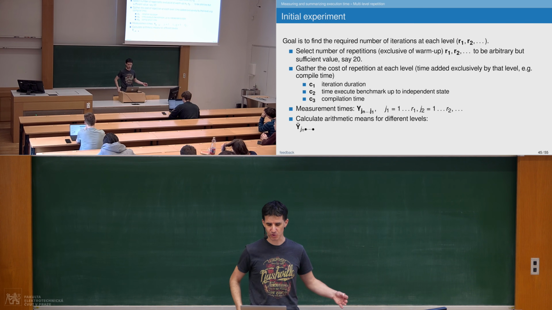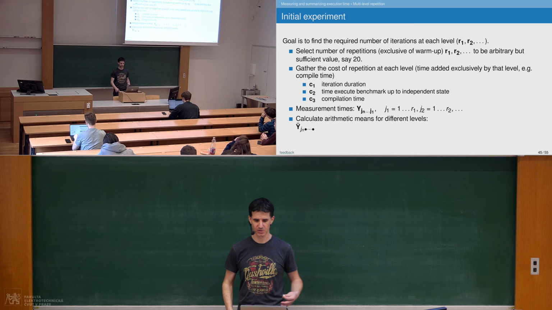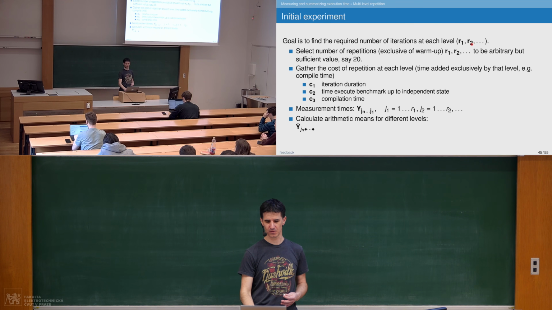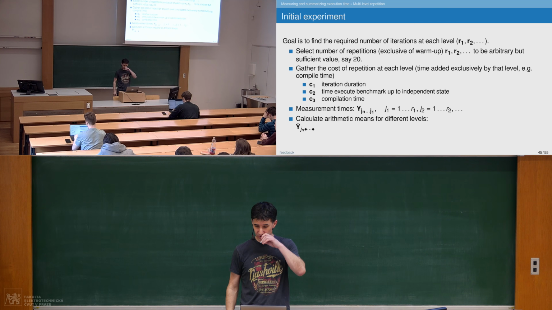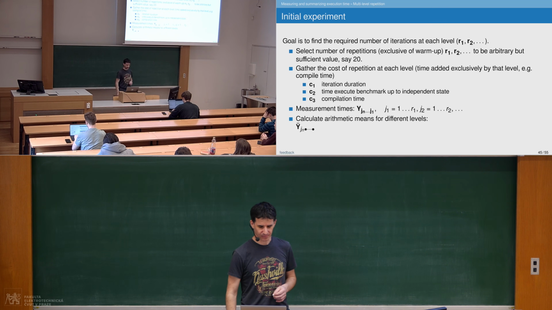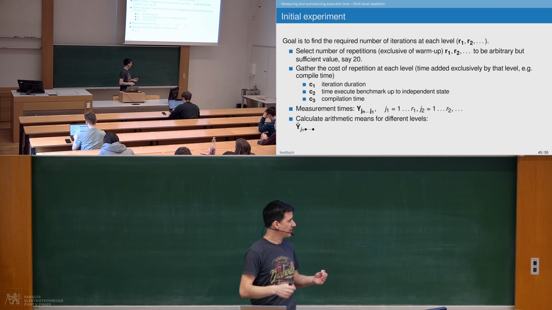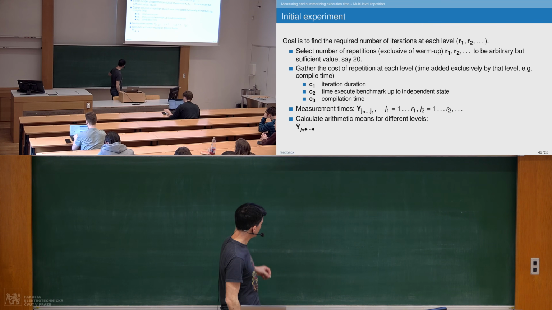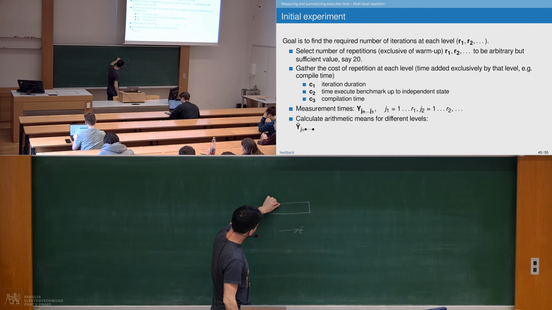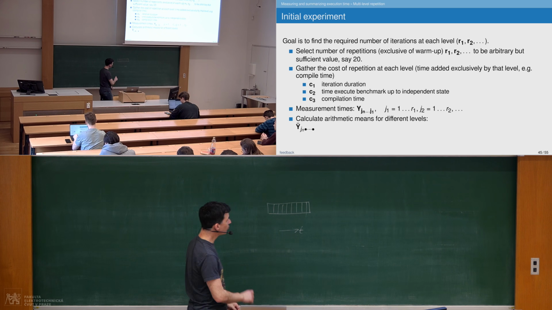So how many times we should repeat iterations, how many times we should repeat execution, how many times we should repeat compilations. And the idea how to calculate that is that if you imagine time is going from left to right, and this is like one iteration inside the loop of your program.